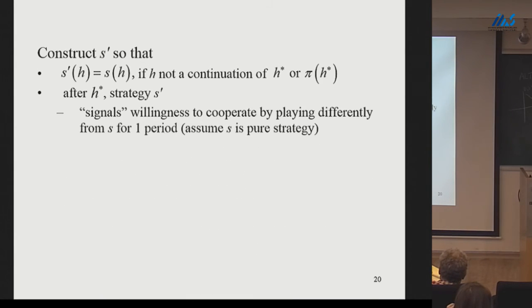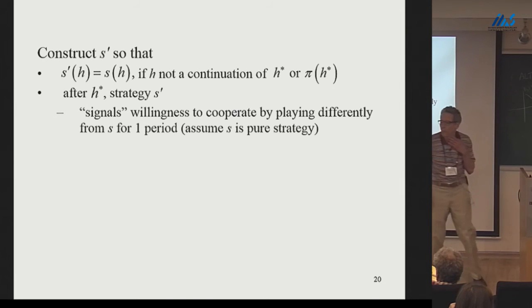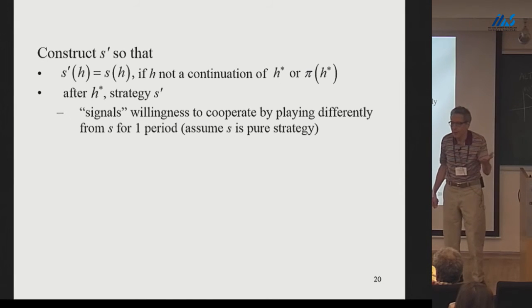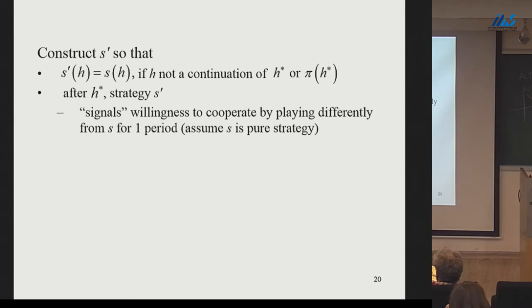After H star, S prime will, in effect, signal its willingness to cooperate by doing something different from what S does for one period. Now, I'm ruling out mixed strategy. So in particular, S is not randomizing.